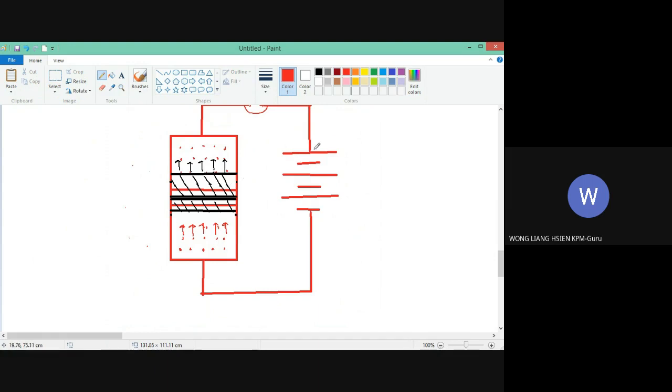Because if you connect to a stronger power source, what will happen is this side, the diffusion layer will become narrower, but this side over here, the diffusion layer will become bigger.